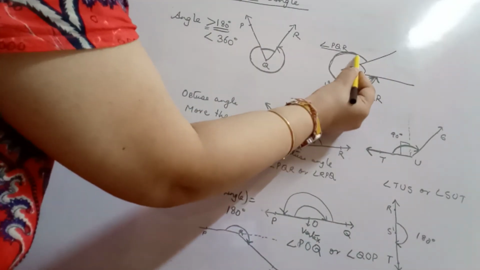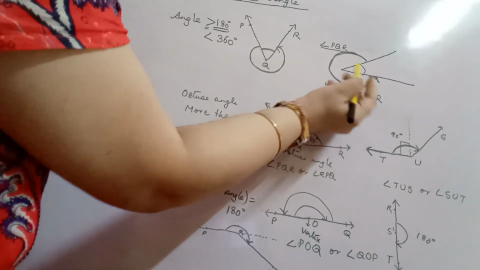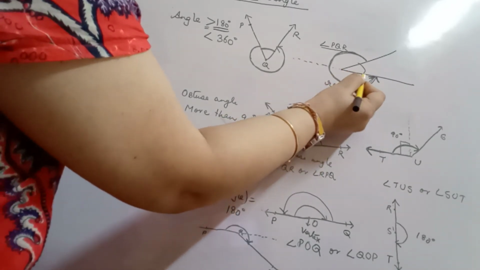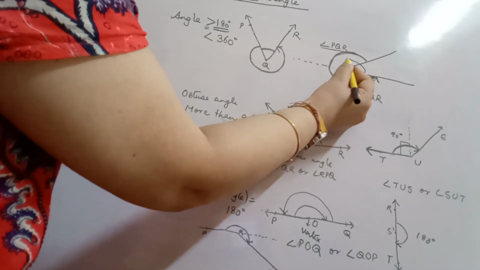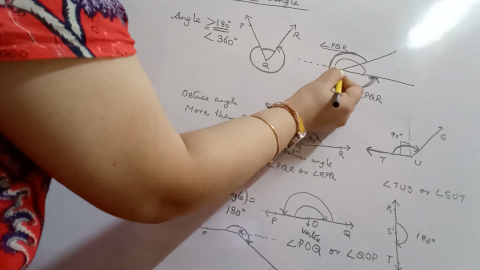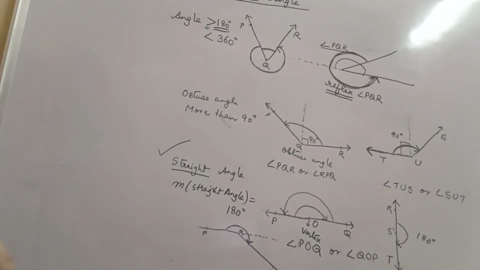So I am marking it here again and again. The reflex angle, this would be straight angle. Starting from this ray, I will go till this point. This is straight angle, and any angle going beyond this would form a reflex angle.